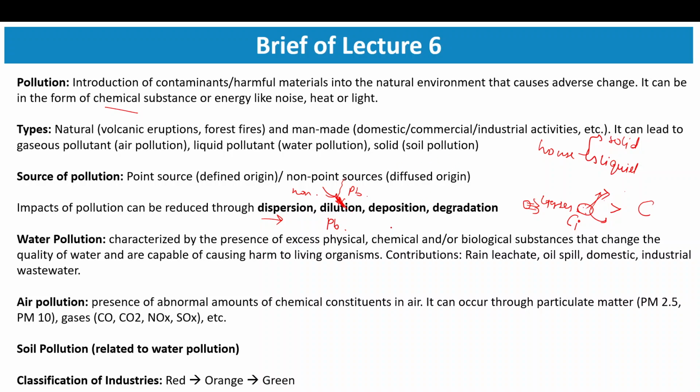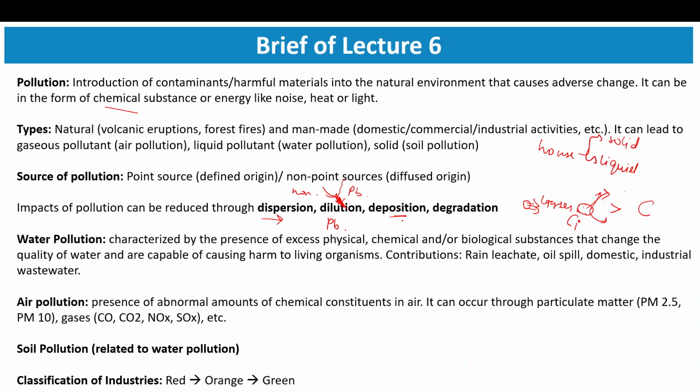Now, another way of minimizing the impacts is deposition. For example, there are pollutants in the river stream, and there could be some rocks coming in its way. So it might hinder its path, and there are some pollutants which have the ability to interact with that.